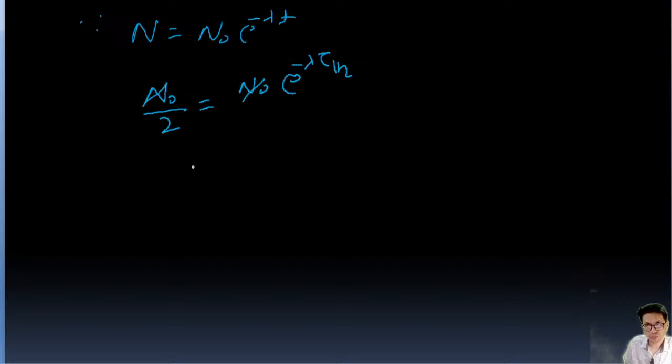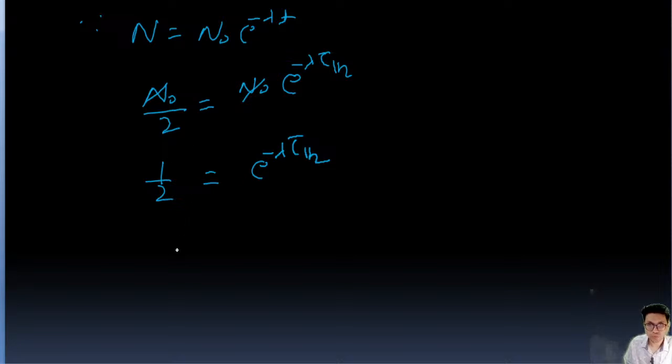So N0 N0 will get cancelled. So from here, 1 upon 2 is going to be equal to e to the power minus lambda tau half.